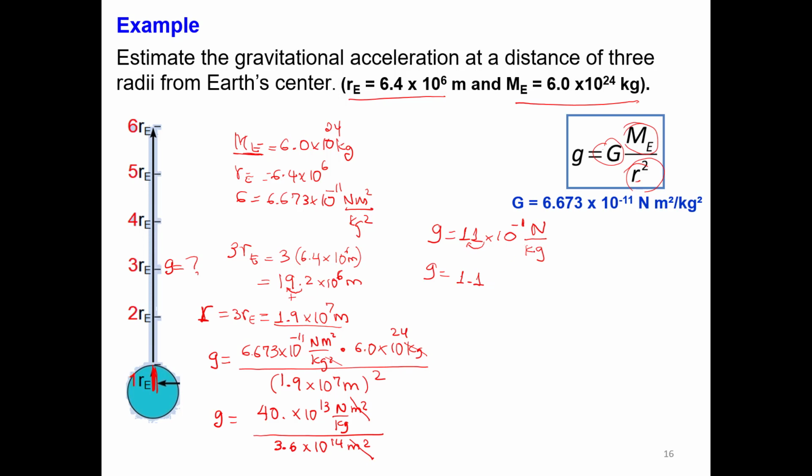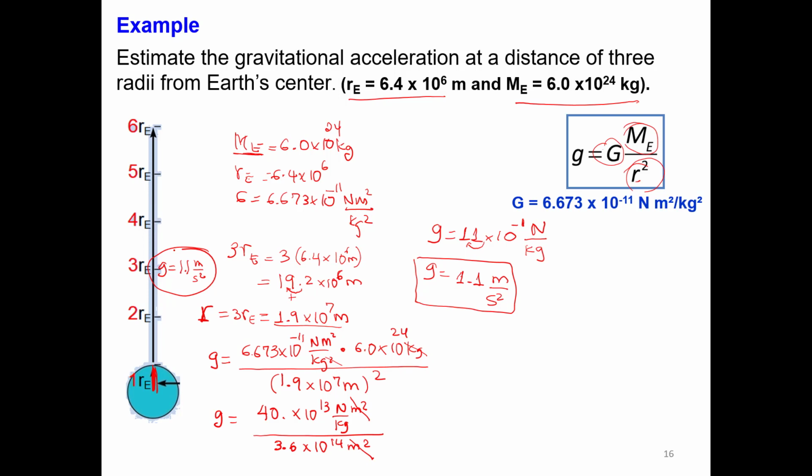And we know Newton over kilograms is meters per second squared. Yes, we already did this one in the previous example. Then the G value in this case is 1.1 meters per second squared.